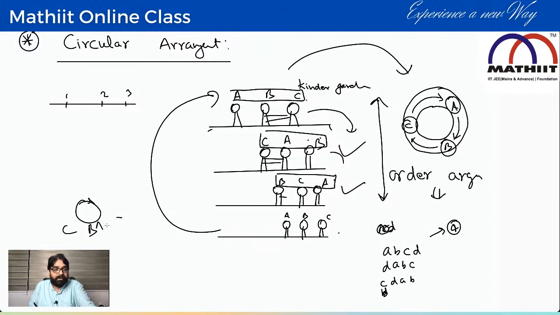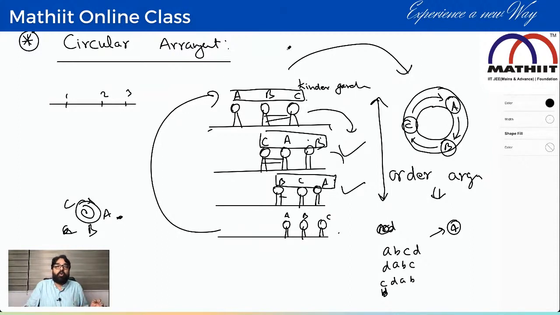A and C came here. Then also you will speak ABC. Whatever way they move, you will always speak ABC. But here you cannot speak ABC. You have to speak CAB.